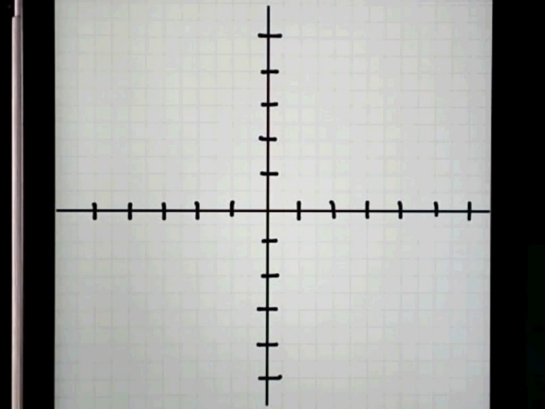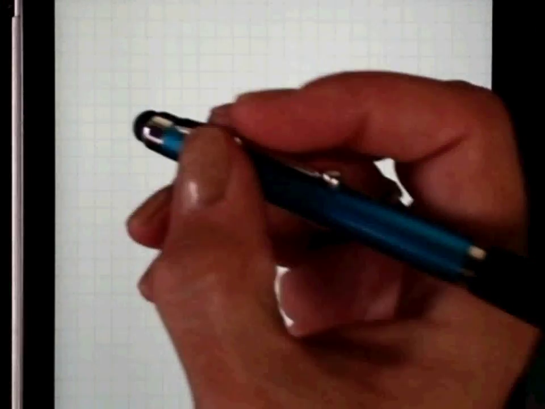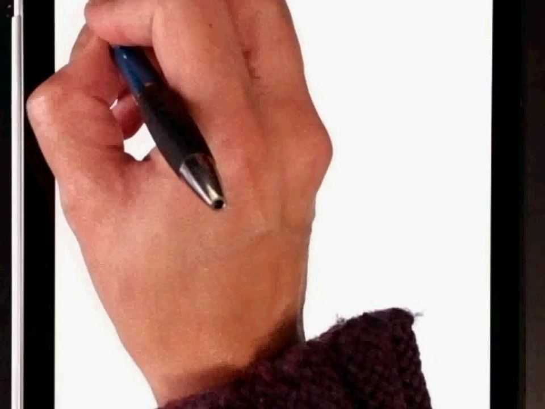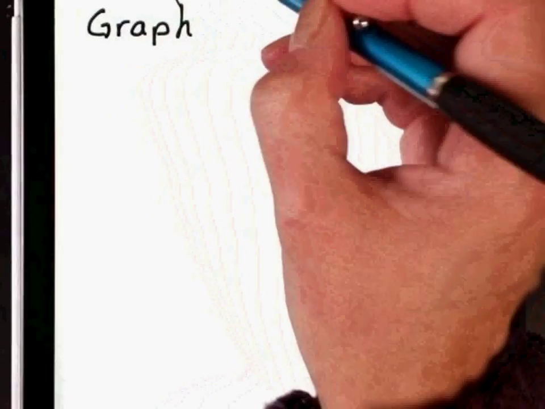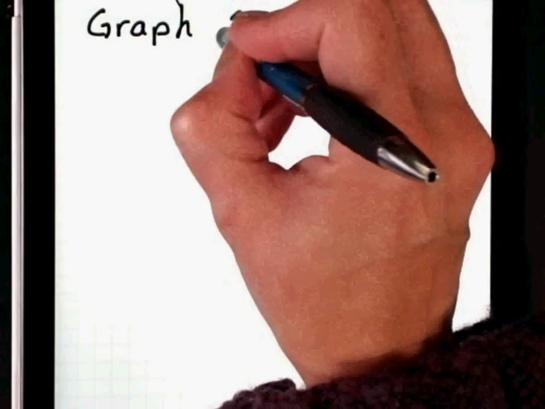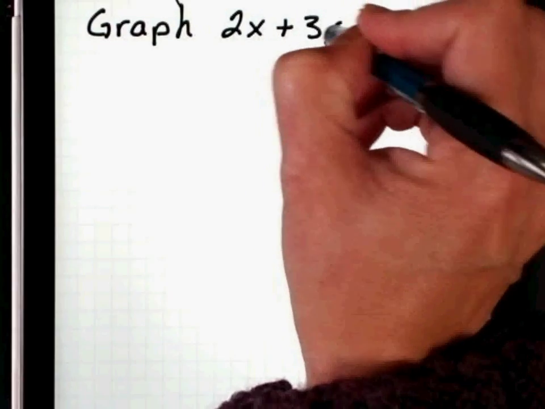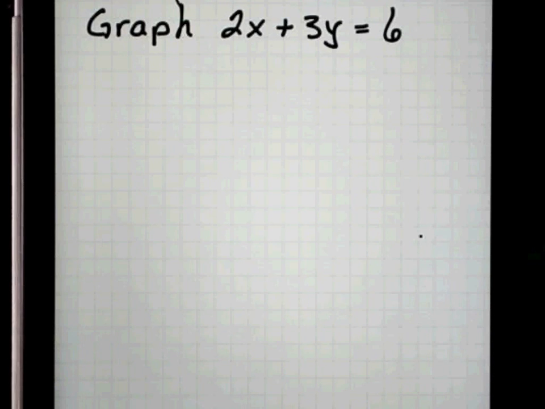So now we're actually going to graph a line, and I'm going to show you how to do this. We'll come back to my grid in a second. We're going to graph the line 2x + 3y = 6.